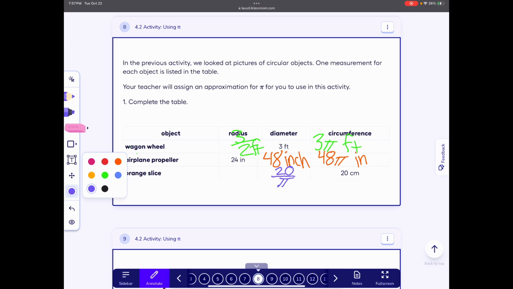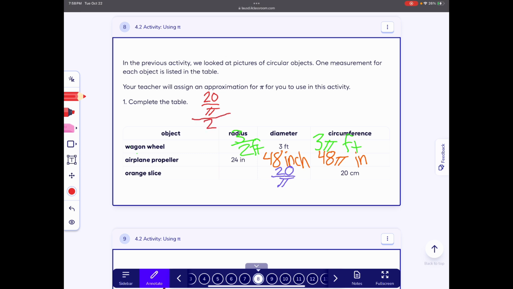Well, let's do it. Let's write 20 over pi, and we want half of that, so all over 2.